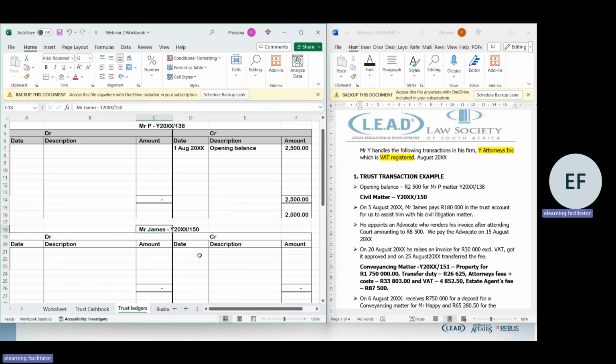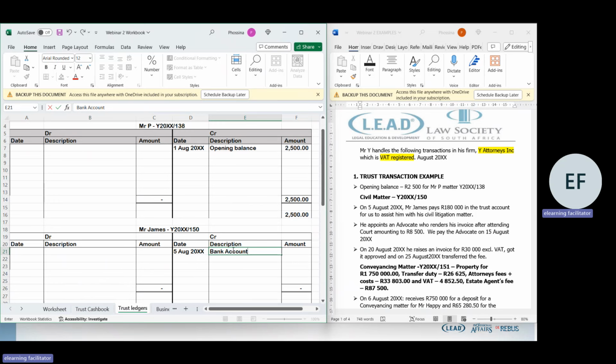Okay, so our transaction occurred on the 5th of August 2011, and the description is a deposit into our bank account. So if we want to trace this transaction, we trace it against our bank, our cash book. So the money got into the bank.